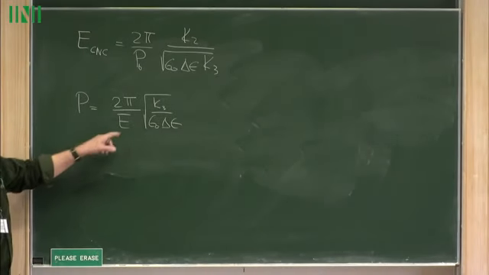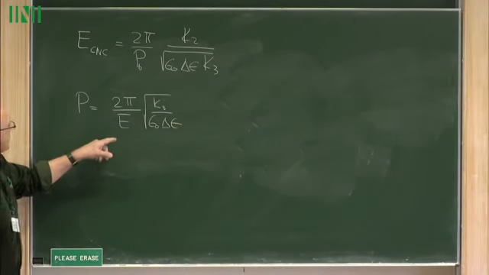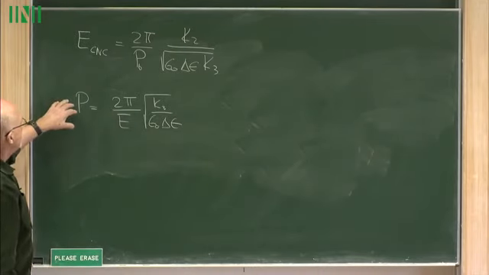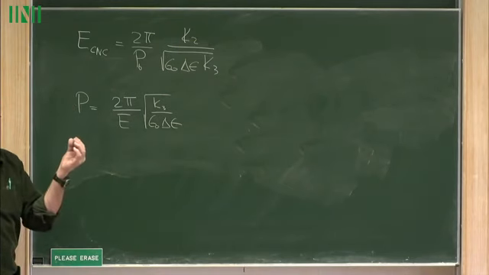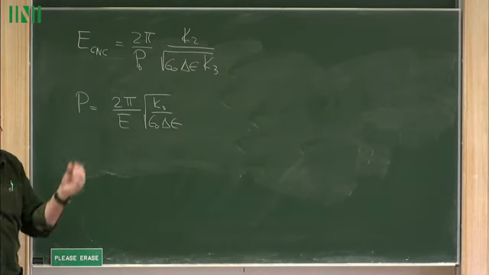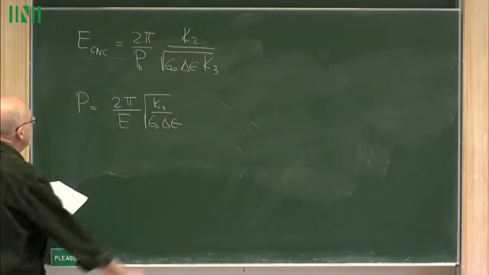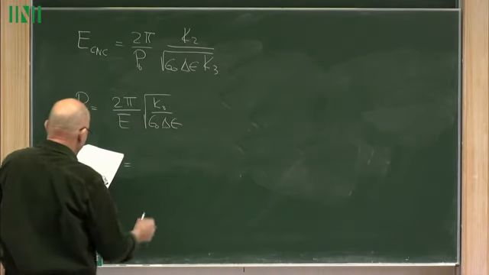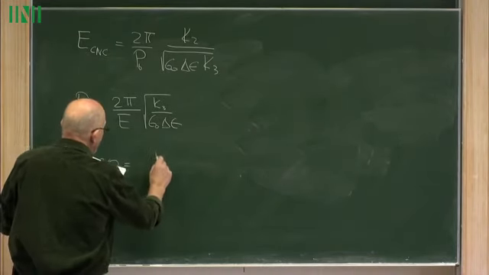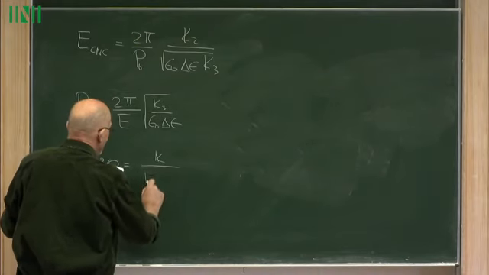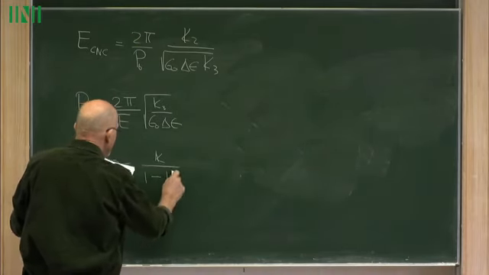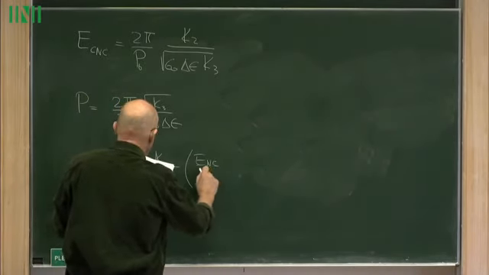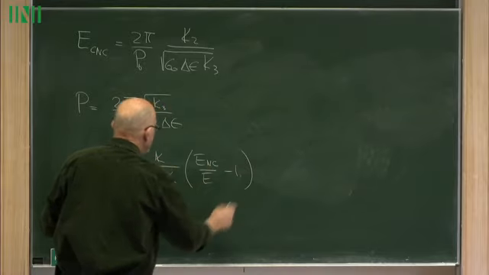So interestingly, as you increase the field, so as you're closer to the unwound state, the pitch gets shorter, which is a little counterintuitive, but that's how it works. And the tilt angle, I'll write it in this form with kappa, which is the ratio of the elastic constants, as the square root of E_C divided by E minus 1.